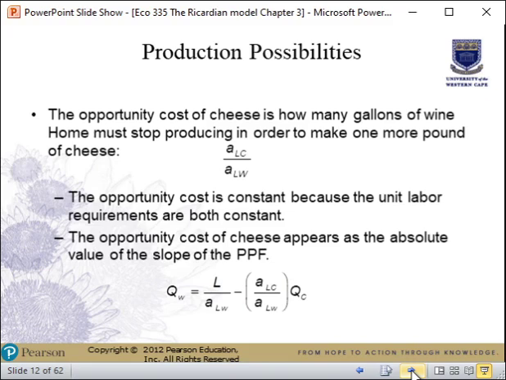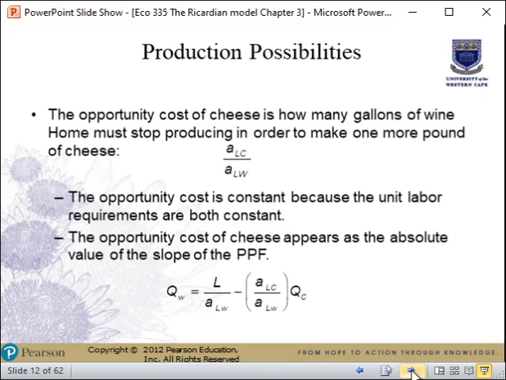This is illustrated by the following symbol, which is a ratio of the unit labor requirement between the two goods.